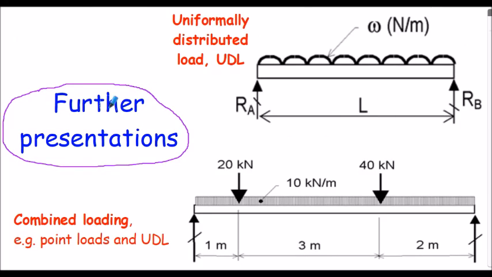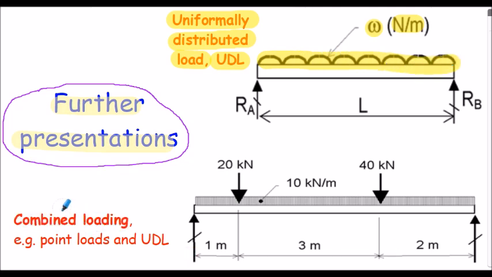For your reference, there are further presentations related to calculating shear force and bending moments applied to simply supported beams, where we consider beams subjected to uniformly distributed loads, UDLs, usually denoted by symbol lowercase omega, having the SI unit of the Newton per meter, and usually depicted in this form.